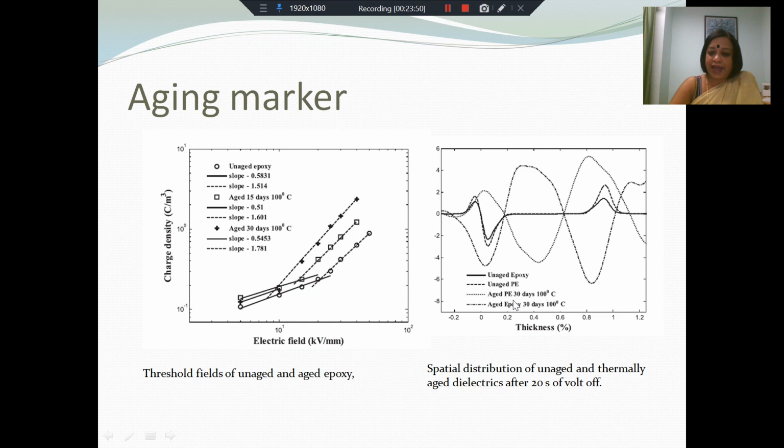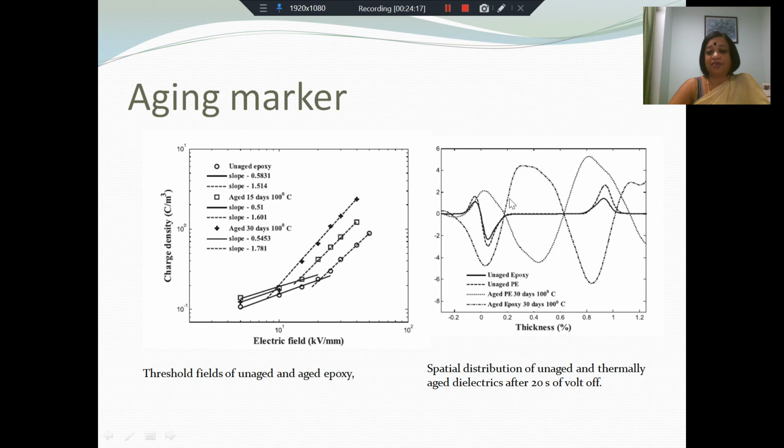Now, when we take aged polyethylene and aged epoxy, both thermally aged at 100 degrees centigrade for 30 days, so equivalently aged, we see something very interesting. The first thing that we see in the aged epoxy is that the space charge accumulation has increased considerably even at the electrode locations.